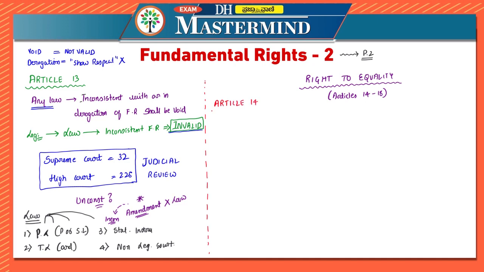Article 14. This is very, very important because articles 12, 13 and 14 are nowadays being asked a lot of times in the examination. So article 14, the first one is equality before law and equal protection of laws. Article 14 itself says that the state shall, what constitutes the state?